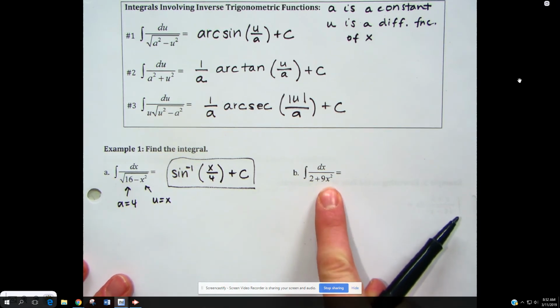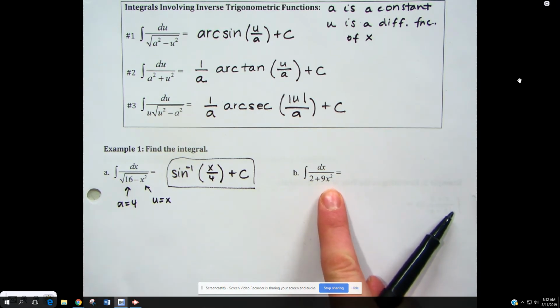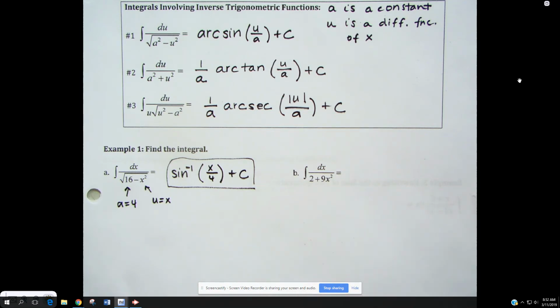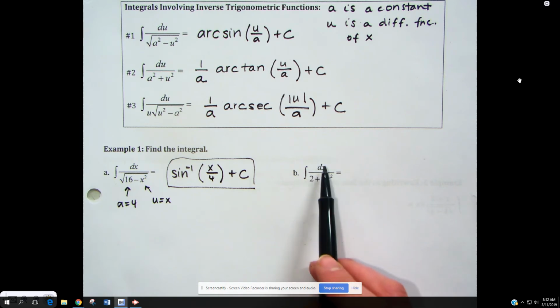This one's going to be a little bit trickier. You would normally look at this problem and say to yourself, is there an easy way to solve this problem? You can't split a denominator, so power rule is not going to help me here. With u substitution, I would run into trouble because my du would involve an 18x, and I don't have a way to get out of that.